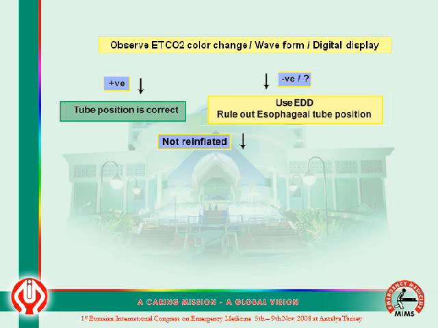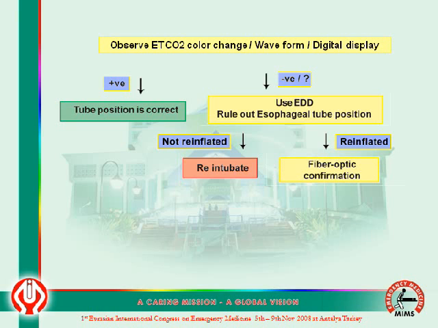If the EDD is not re-inflated within 10 seconds, it means the tube is in the esophagus. Pull out the tube and re-intubate. If it is re-inflated within 10 seconds, that means the tube is probably in the trachea, but do a fiber optic confirmation and insert a fiber optic scope.